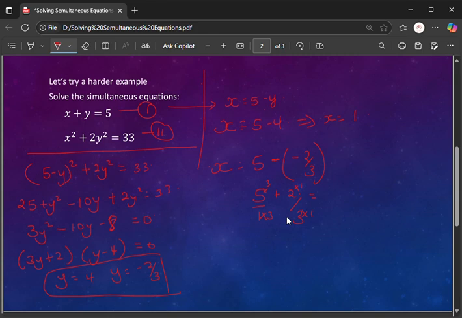So this is 15 out of 3 plus 2 out of 3, so this is 17 out of 3, and this goes 5 and then 2 out of 3. Yeah, so this will be another value of y. Okay, hope that makes sense, and this is how we solve.